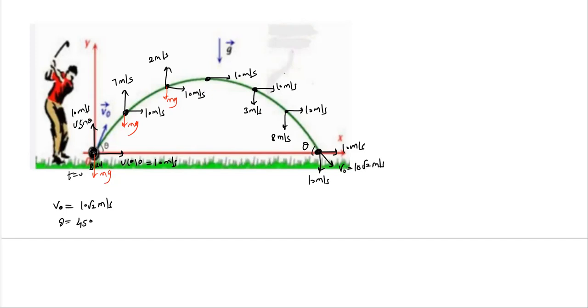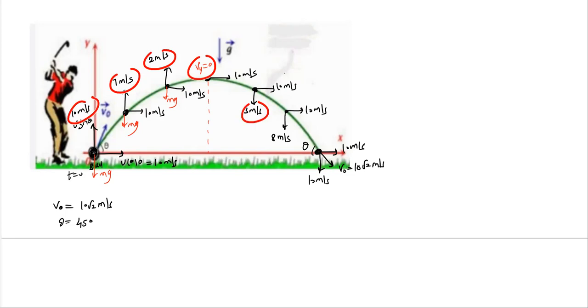Hope everyone understands, this is something very important. In projectile motion, you should know these things. The speed of the projectile along the x-axis will not change. Along the y-axis, it goes 10, 7, 2, and then Vy is 0.